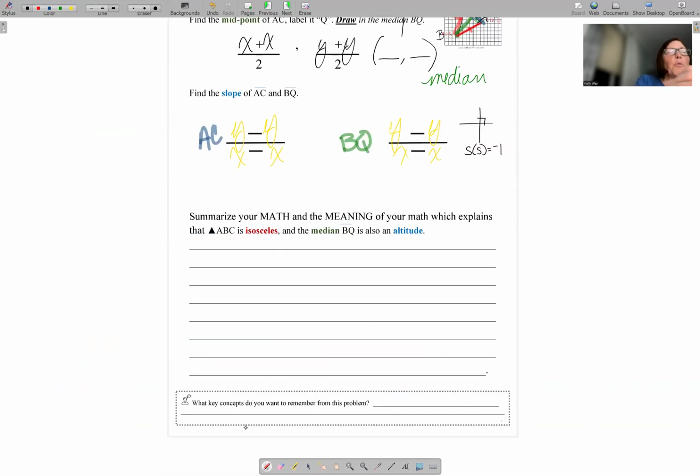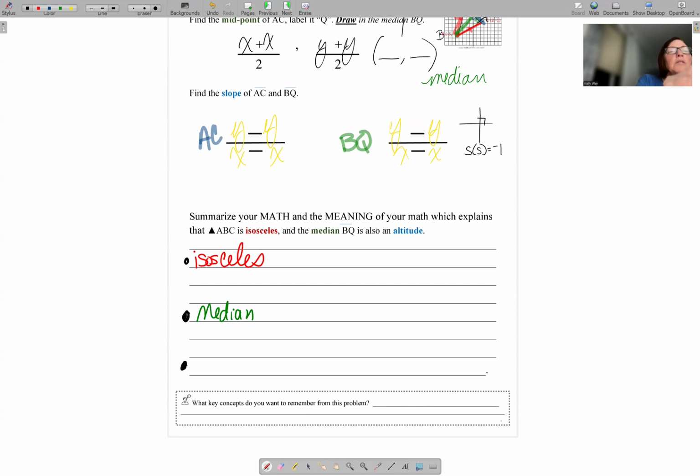When you do your write-up, you have to have one sentence related to why it is isosceles, one sentence on why the segment is a median. How do you find a median? What is a median?